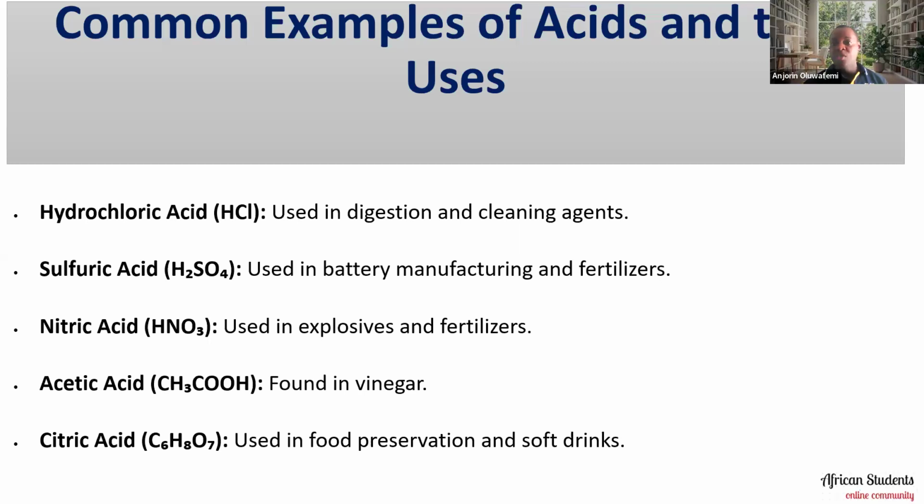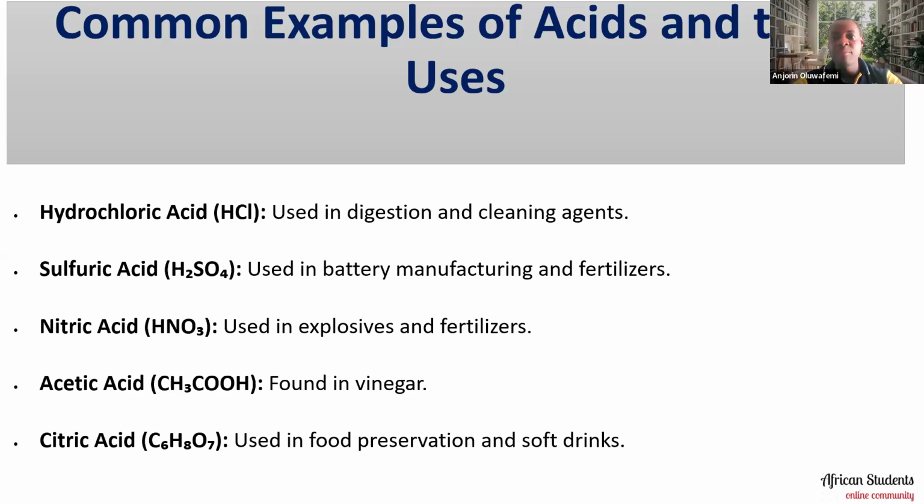So it is used in digestion. And HCl is a very fantastic cleaning agent. If you have a tough stain, a stain that does not want to come off easily, one of the things that you can introduce is the use of HCl. Once you introduce HCl, it can easily take off those stubborn stains, as the case may be.